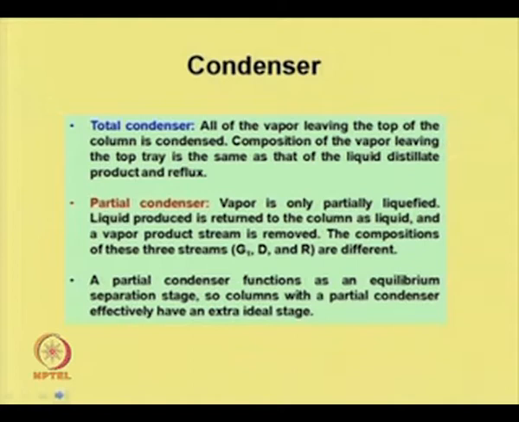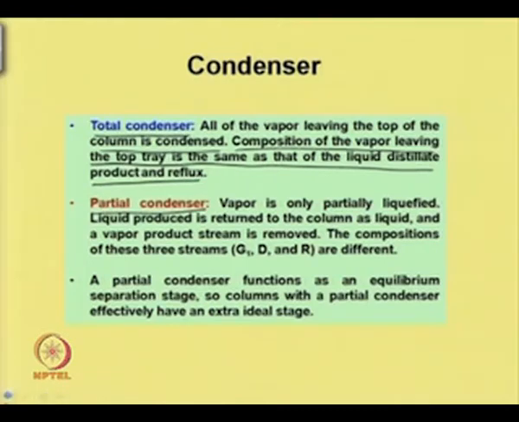Now, the condensers which we use for the distillation column are of two kinds. One is the total condenser and another is the partial condenser. In a total condenser, all of the vapor leaving the top of the column is condensed. The composition of the vapor leaving the top tray is the same as that of the liquid distillate product and the reflux.